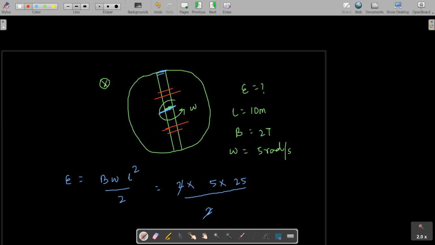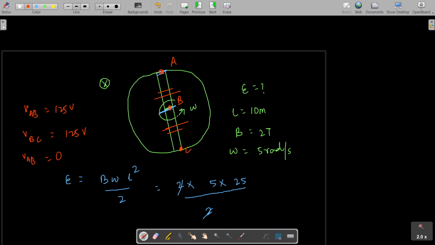So the EMF induced, let me say that this point is A, this point is B, and this point is C. So the EMF induced between A and B, it will be 125 volts, and the EMF induced between B and C, it will also be 125 volts. But the EMF induced between A and C, it will be zero. Why?